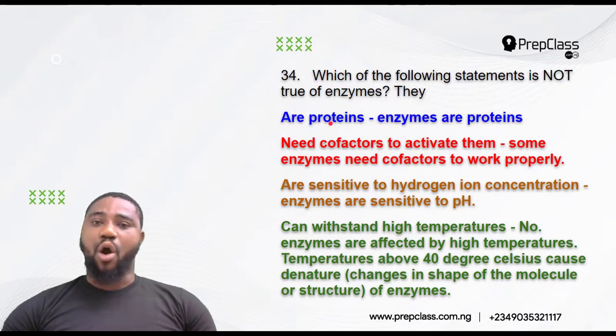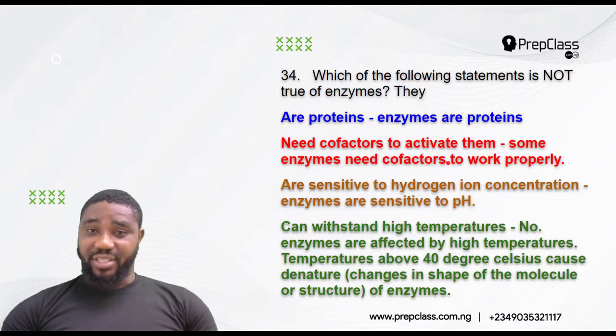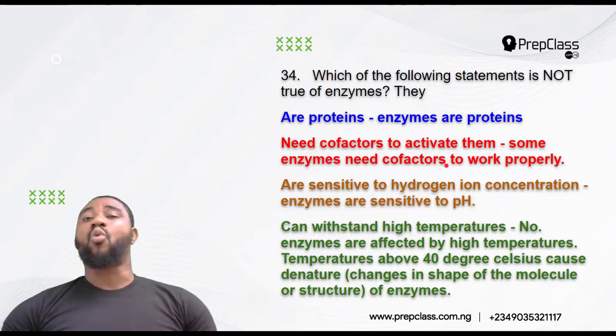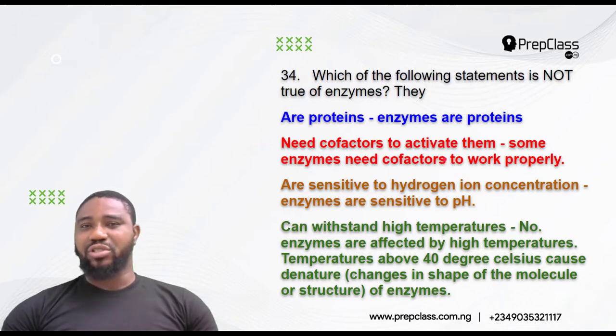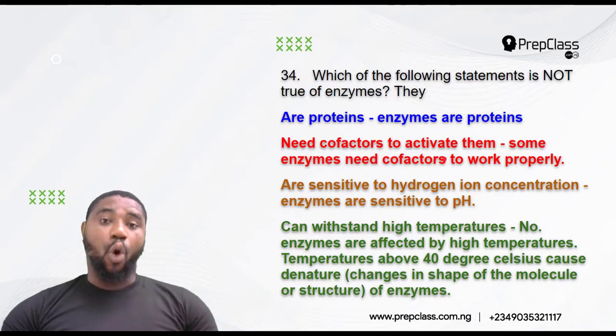Two, we say that they need cofactors to activate them. Yes, some enzymes need cofactors to properly activate them or make them work. Cofactors or coenzymes are substances produced by body cells that help the enzymes to work properly. Sometimes they activate the enzymes and make them start working. Others make them work properly.